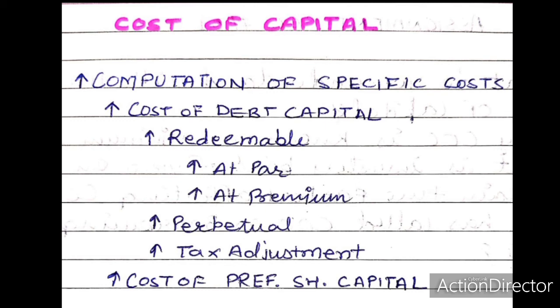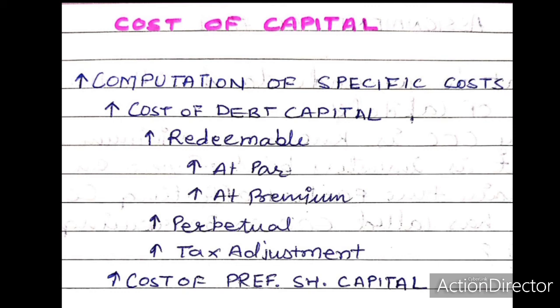Such shares are redeemed at maturity date either at par or at premium. Therefore, the cost of redeemable preference shares is calculated in the same way as discussed in the case of redeemable debentures. Only the word dividend is used in place of R in its computation.